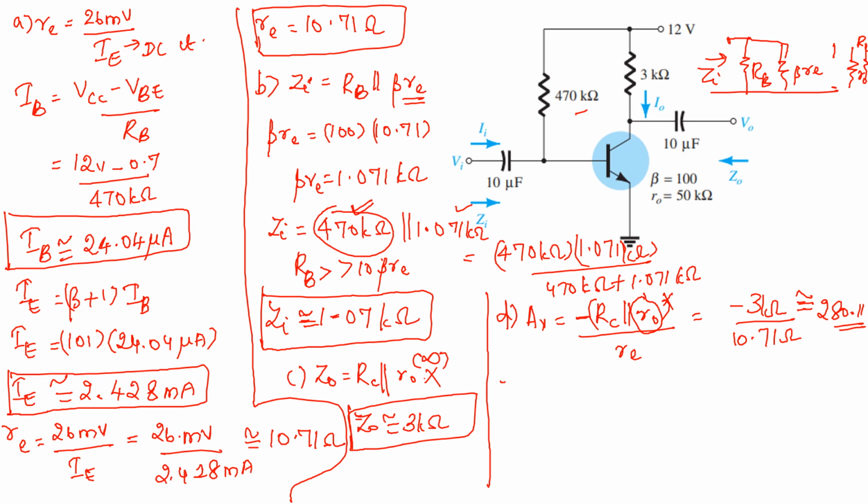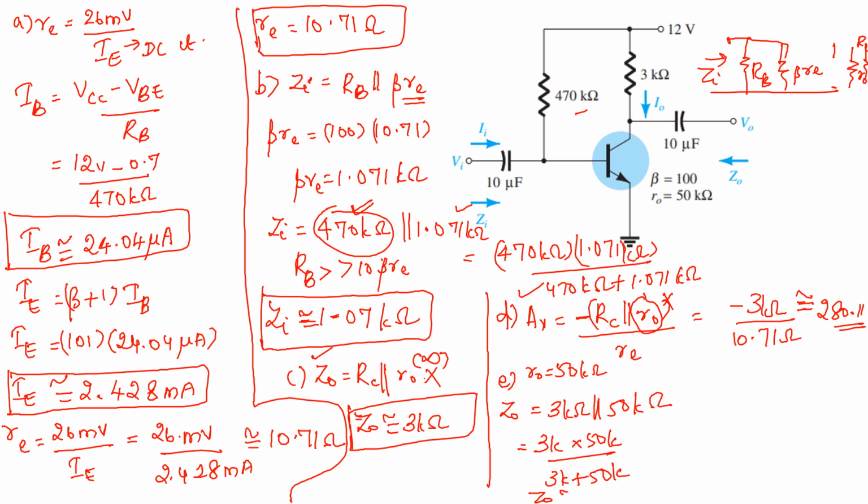Okay, now what is your E part? In the E part, you have to calculate the value for C and D, taking into consideration R0 is equal to 50 kilo ohm. So now say for example we are taking Z0, which is RC parallel to R0. RC is 3 kilo ohm parallel to R0 given as 50 kilo ohm. So you can solve it: 3k into 50k divided by 3k plus 50k.